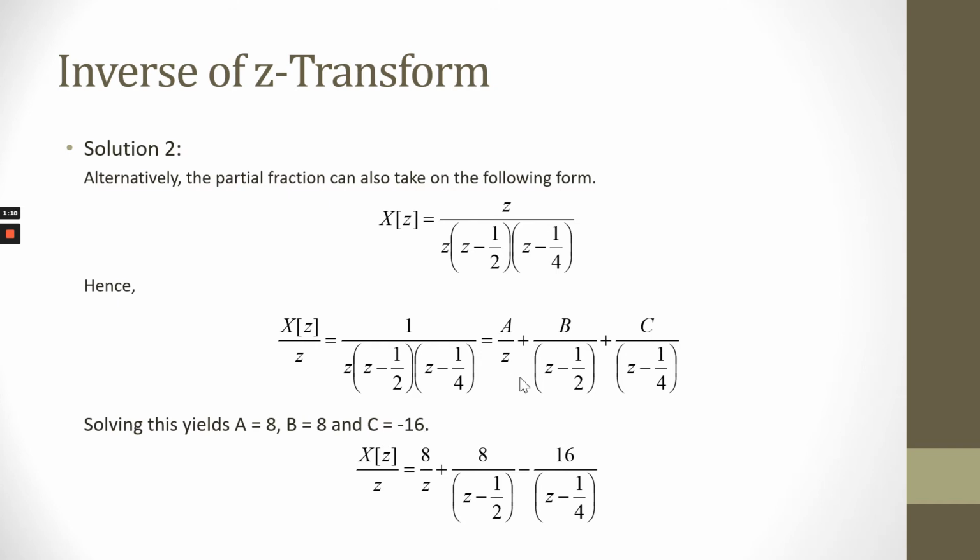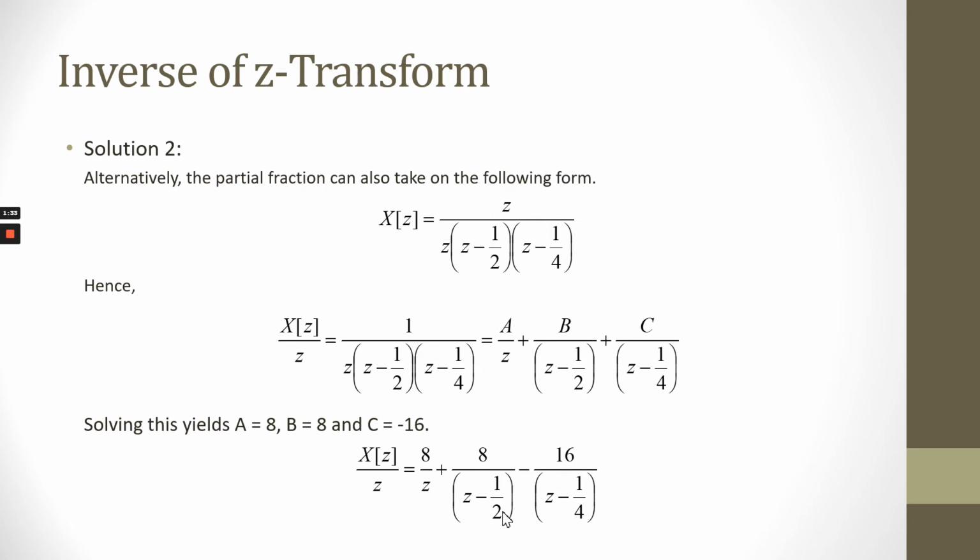Again, you need to use your basic knowledge in partial fraction expansion to determine A, B and C. In this case, A is equal to 8, B equal to 8 and C equal to negative 16. And then we substitute all of these values of A, B and C into this equation.